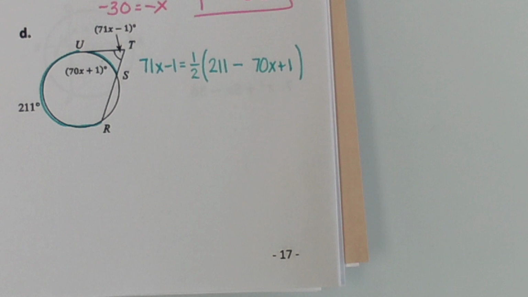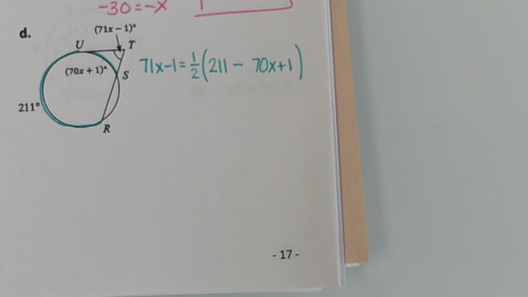But what I wrote was 211 minus 70x plus 1. Is the 70x the smaller of the two arcs by itself? No. I didn't subtract the plus 1.